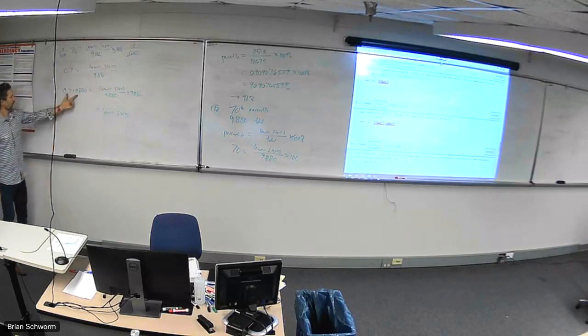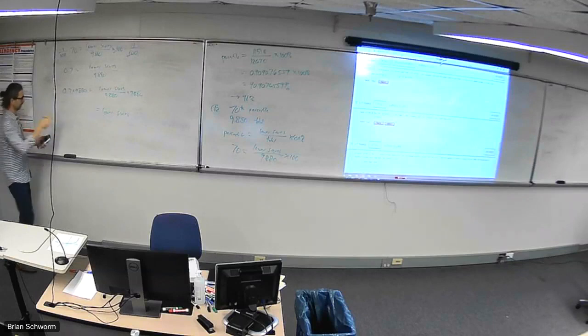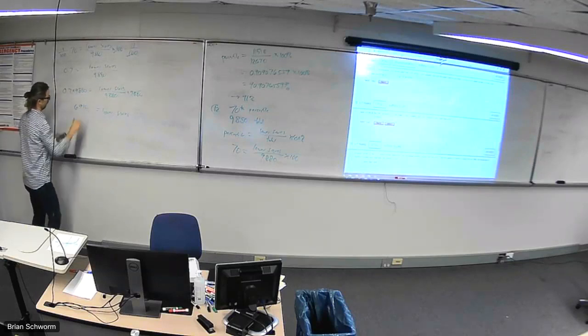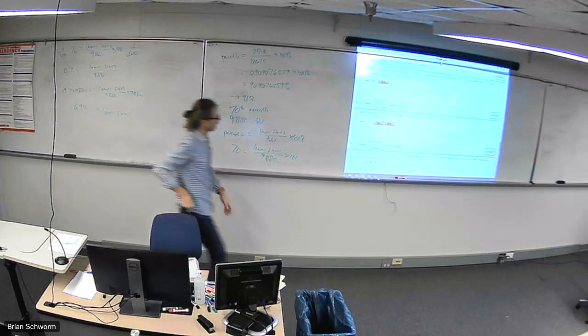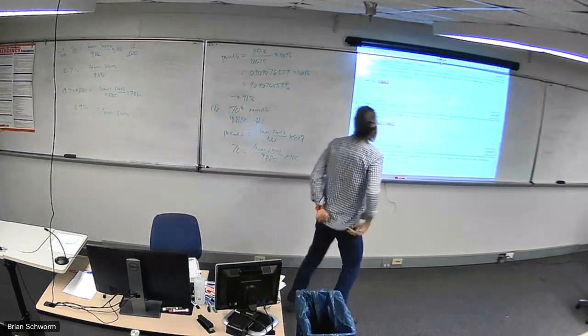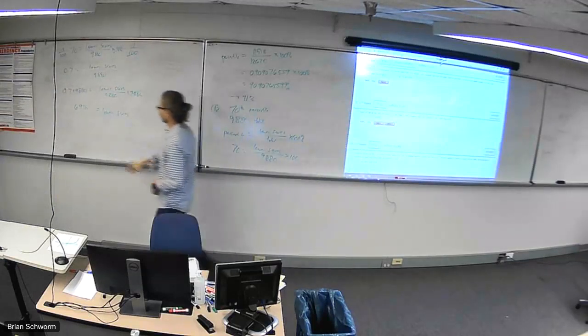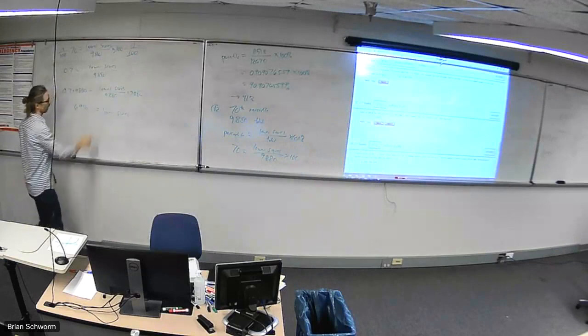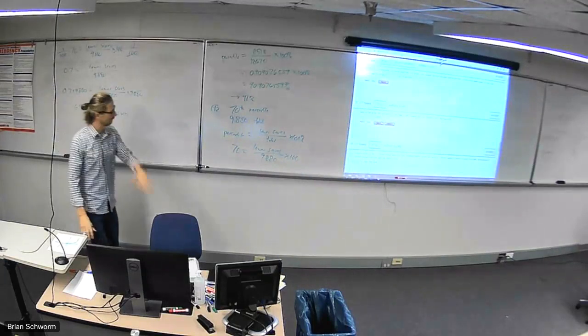Then the number of scores that were lower, multiply those, 0.7 times 9,880. 6,916 scores were lower than, excuse me, Kevin.